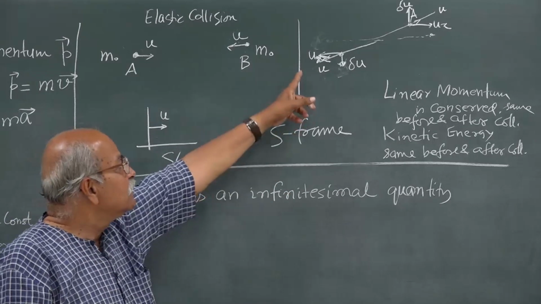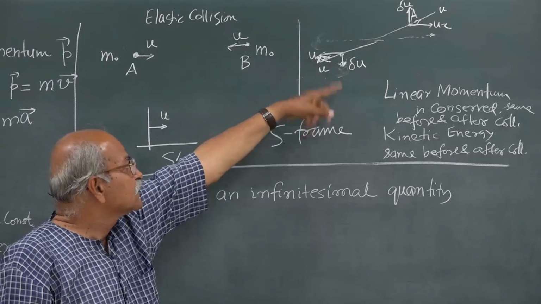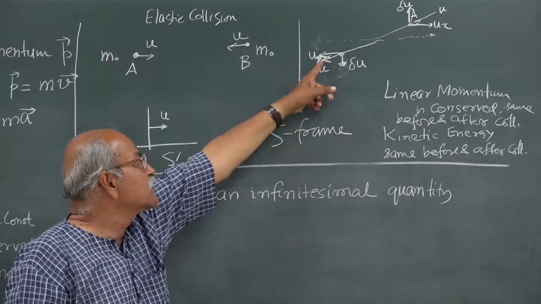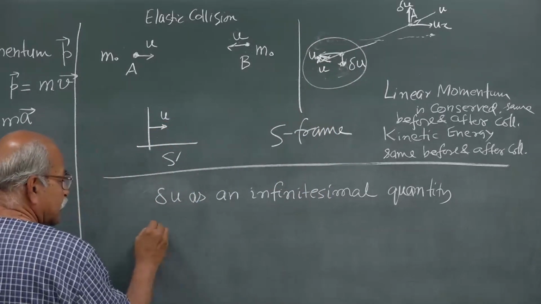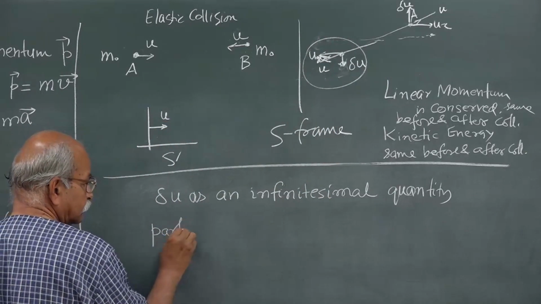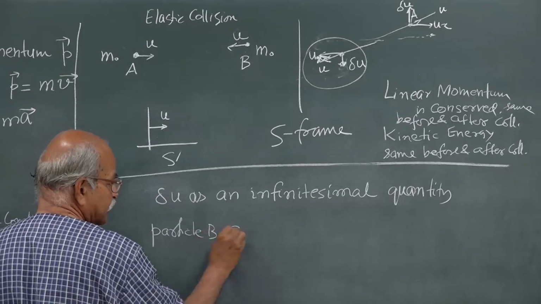So, if I look at the kinetic energy here or the speed here, let us take this as the speed here, for this particle, this is particle B after the collision.